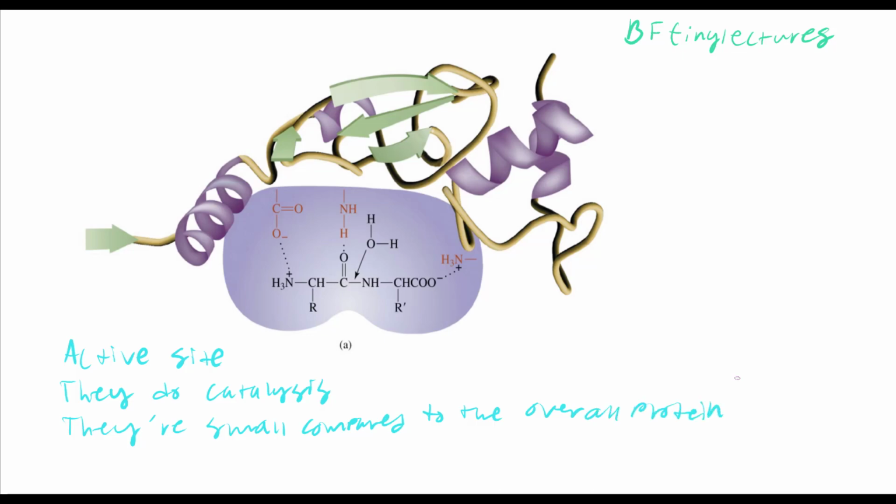Okay, there you go. Also, whenever they interact with the substrate, they're going to bond, but this bond is not covalent. It is a non-covalent bond. Okay, so the bond, let's say that you have your substrate, right, and it's going to be like this. So here's your substrate, it's going to interact.